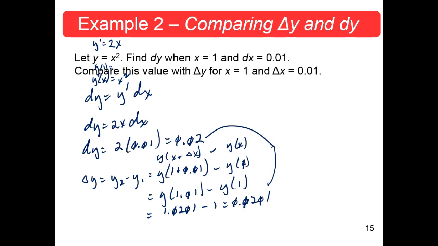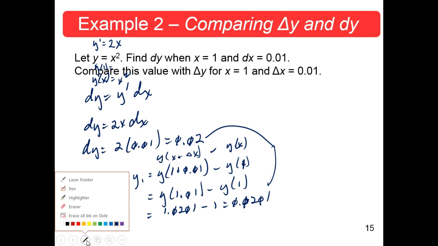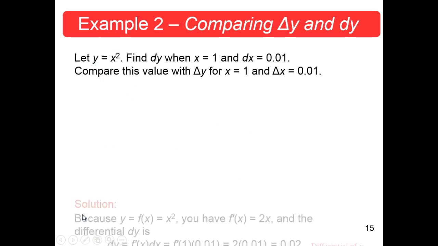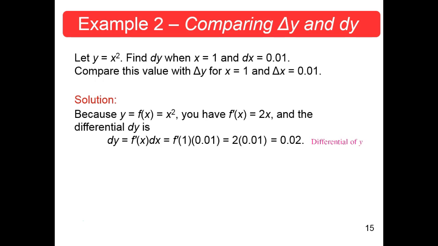Okay, now let's clear all my scratch out of the way and see how they do it. Okay, because y is equal to f of x equal x squared, you have f prime being 2x, which we finally got, and the differential y, which is the change of y, dy, is f prime of x dx.